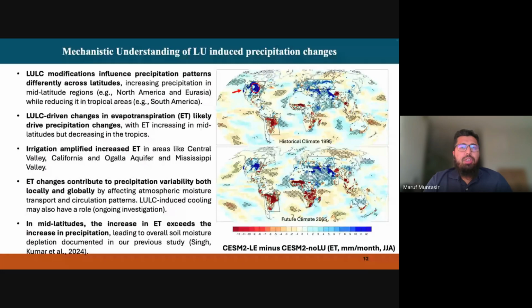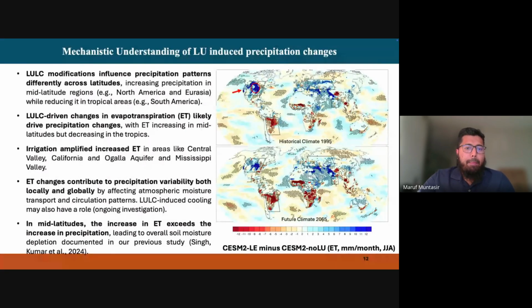So ET changes contribute to the precipitation variability both locally and globally by affecting atmospheric moisture transport and circulation patterns. LULC-induced cooling may also have a role, so we are currently investigating that. The increase in ET exceeds the increase in precipitation in mid-latitudes, which leads to overall soil moisture depletion.